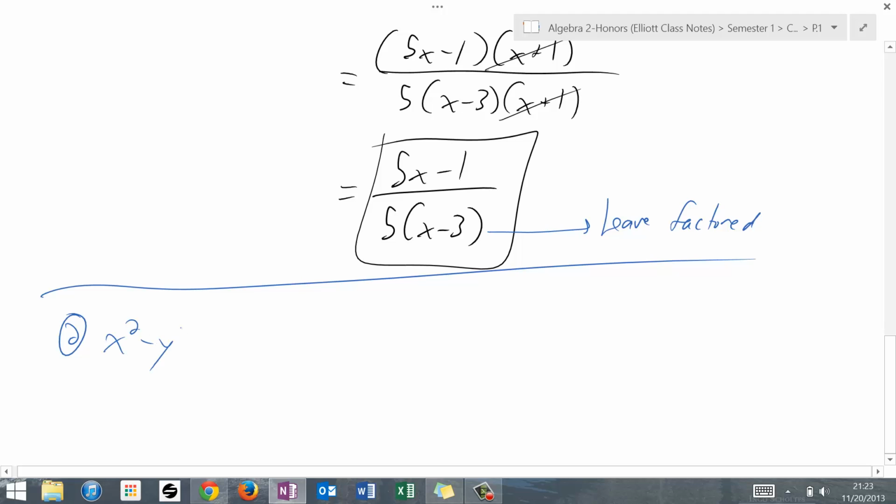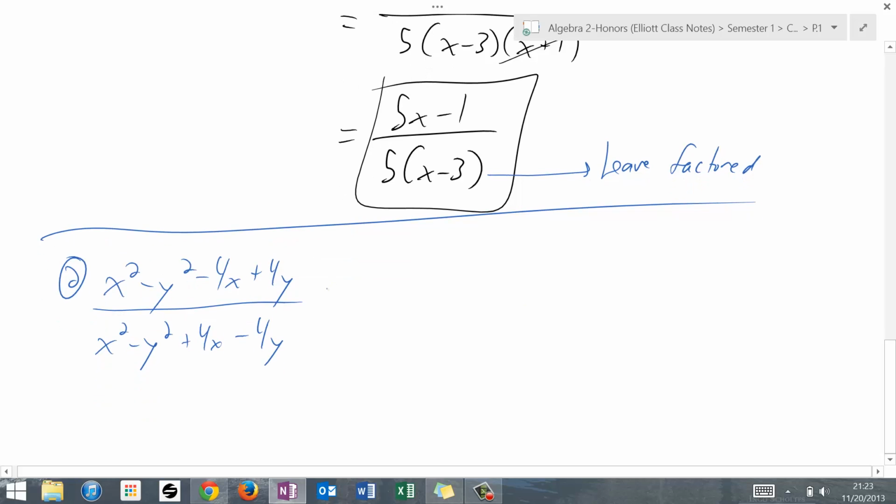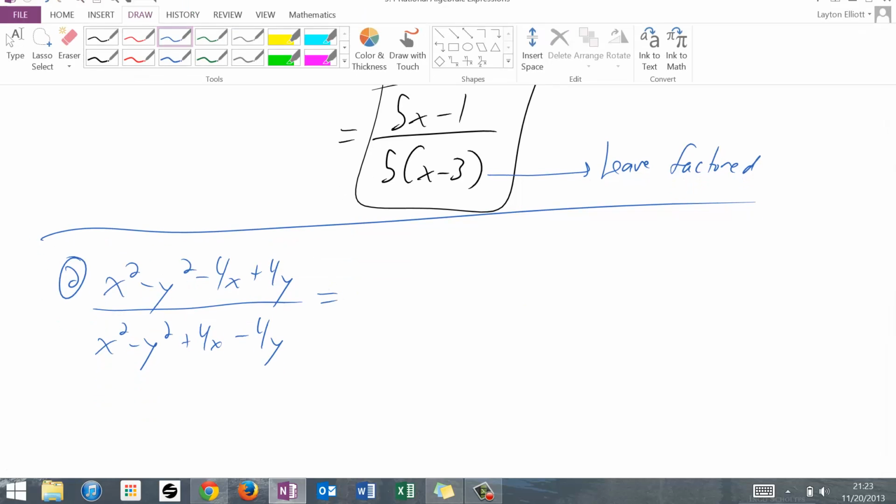So, number 2. x squared minus y squared minus 4x and then plus 4y, and we're going to put that over x squared minus y squared plus 4x minus 4y. This is a factor by grouping, so what I'm going to quickly do is group some things.